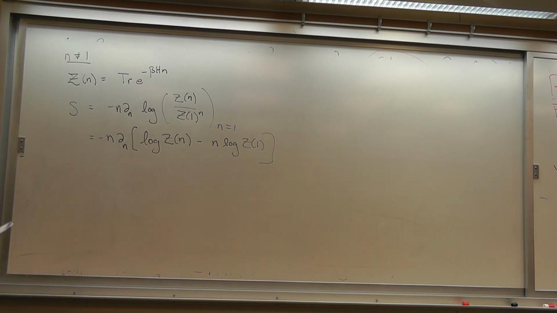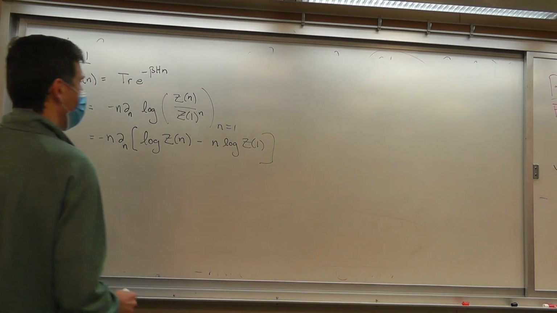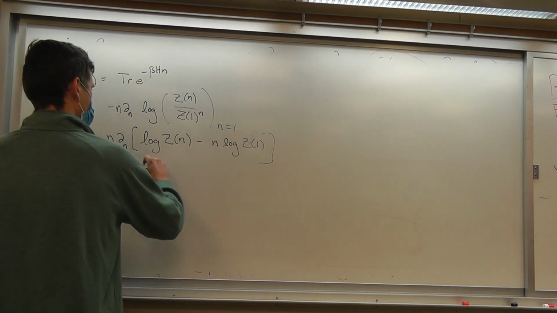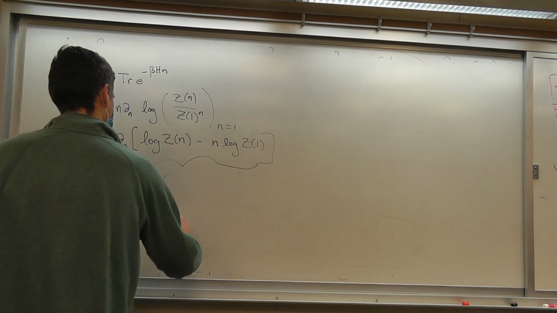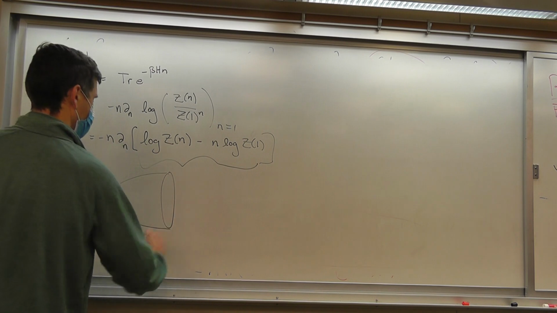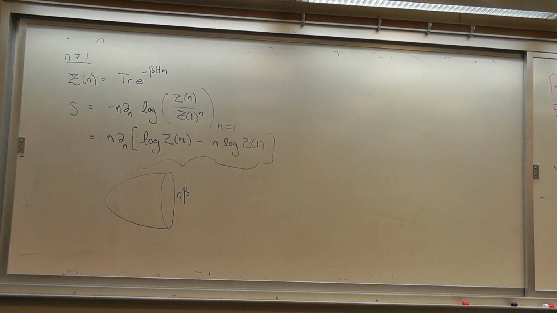Okay, so this thing in brackets here, so this is the action of a Euclidean black hole at temperature n beta, right?